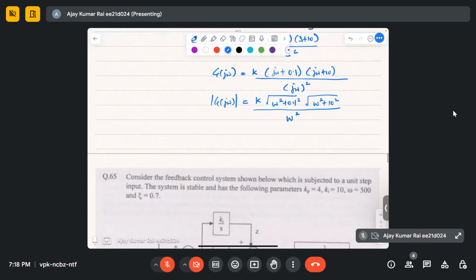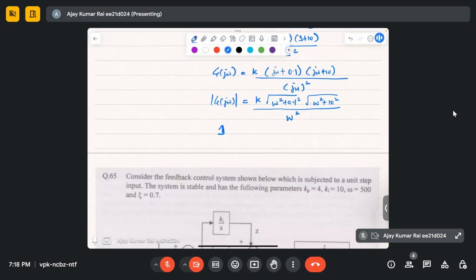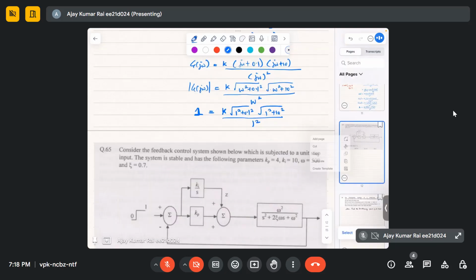Can we not equate this? We can make this as 1, because if it is 0 dB, then the magnitude is 1, right? So K into (1 square plus 0.1 square)(1 square plus 10 square) by 1 square. Can you find out this value?